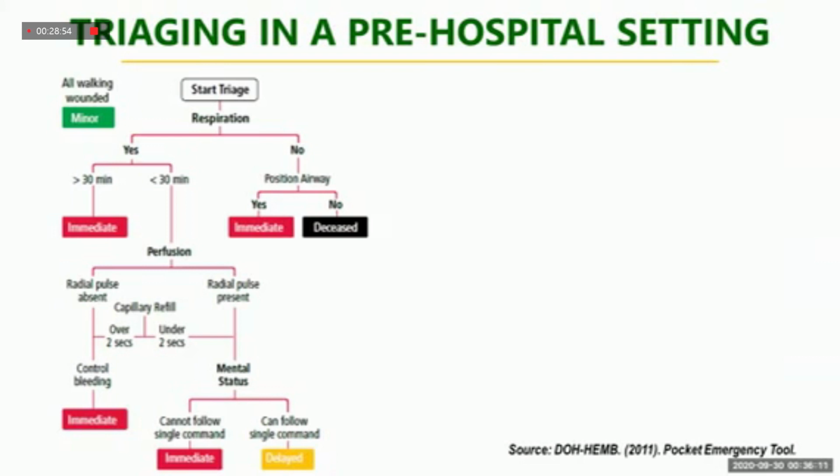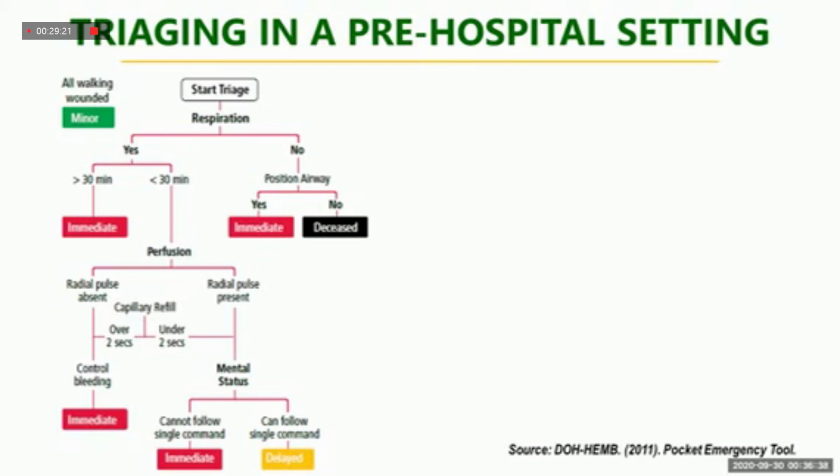And then if you already have your personal protective equipment and you were given a go signal by your operation section chief to do your triaging, you start off with your respiration. It's a bit different from approaching a patient and saying, hey, are you okay?